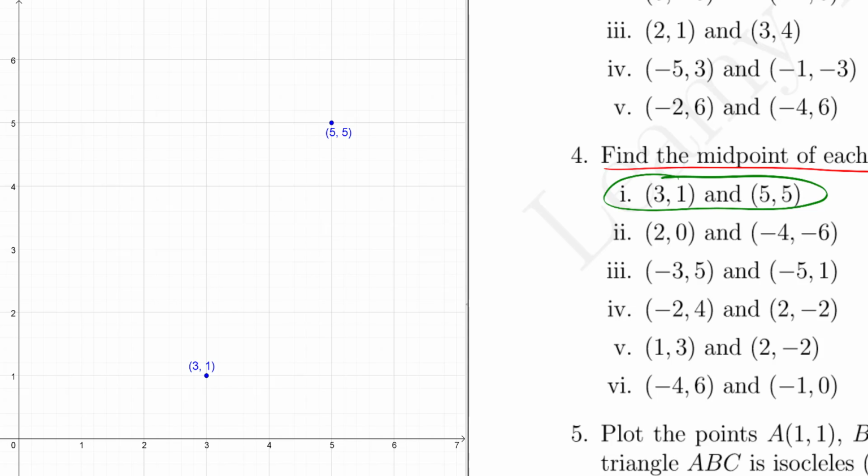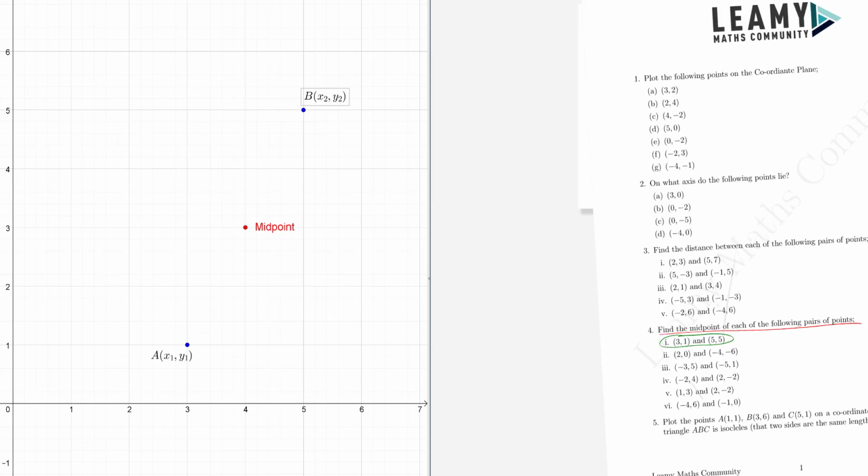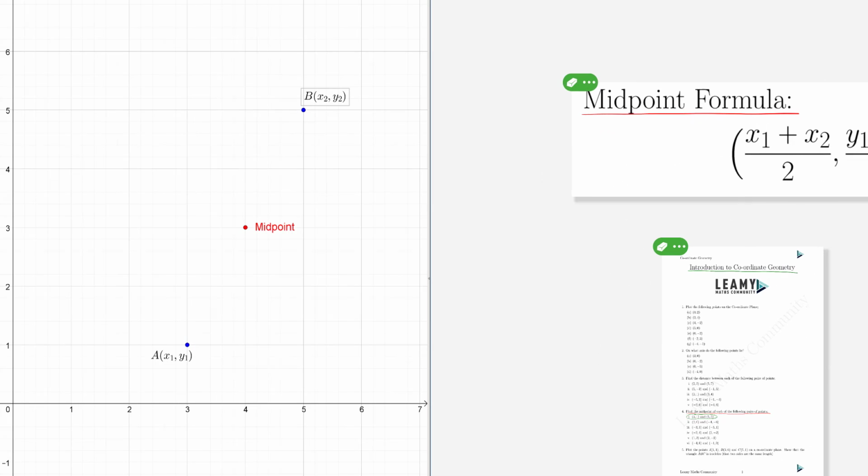We can see it in the drawing here on the left. We've got the point (3, 1) and the point (5, 5), and we want to figure out what is the midpoint. What is the point that's halfway between these two points? We have a formula for the midpoint.